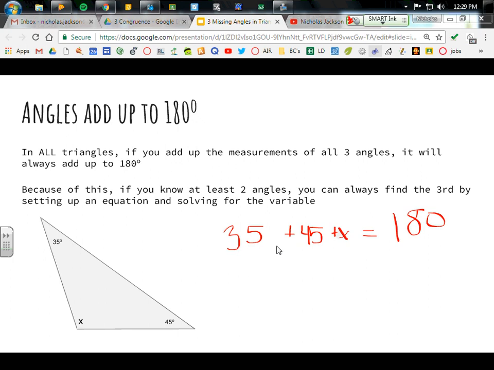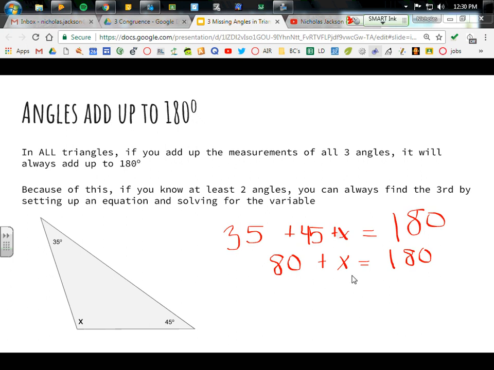All right, so 35 plus 45 plus x equals 180. Let's go ahead and combine our like terms here. 35 plus 45 will give us 80. So 80 plus x equals 180.